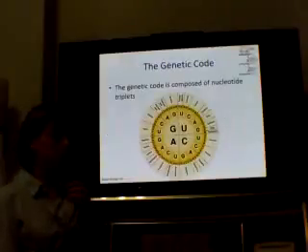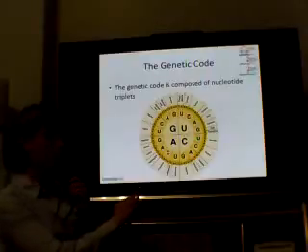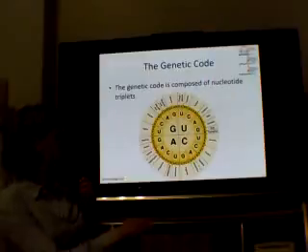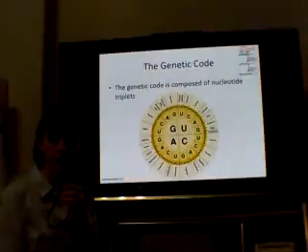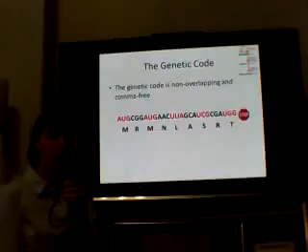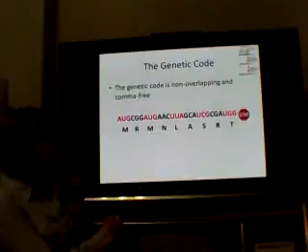So those experiments and others gave us what we know as the genetic code, which is that 3 nucleotides make 1 amino acid, and they were able to discover all these codons and which amino acid they coded for. All right. We also know that the genetic code is non-overlapping and comma-free, which means there's no pausing in the middle, and the code is read in sets of 3, which do not overlap, as I've indicated here.